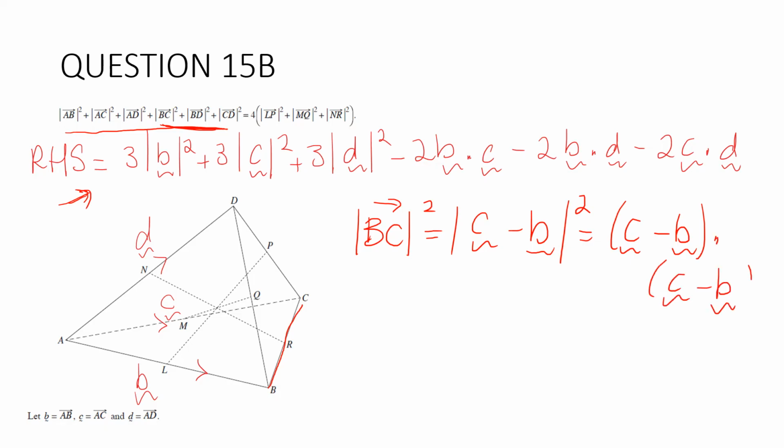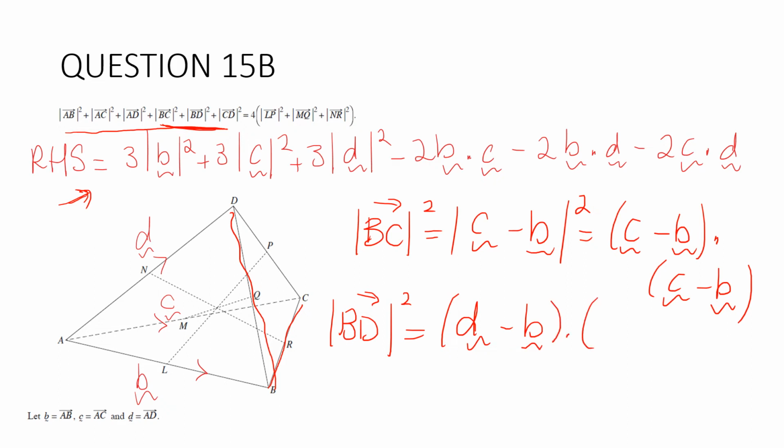And similarly, BD. Where's BD? BD is D take away B dot D take away B, and what's the other one? CD.